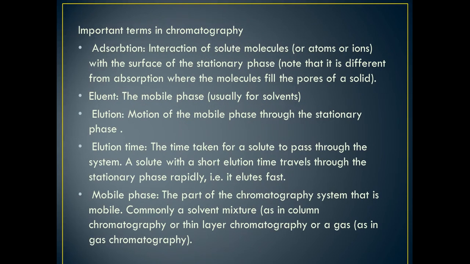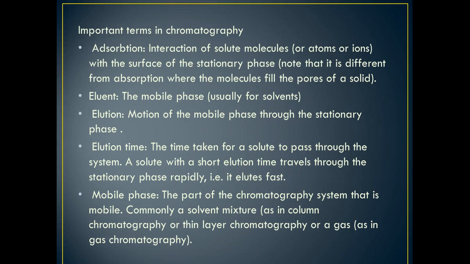So to continue, we cannot study chromatography without talking about the following terms. The first term is adsorption. Adsorption is the interaction of solid molecules, or we can call them atoms or ions, which are present in our mobile phase with the surface of the stationary phase.